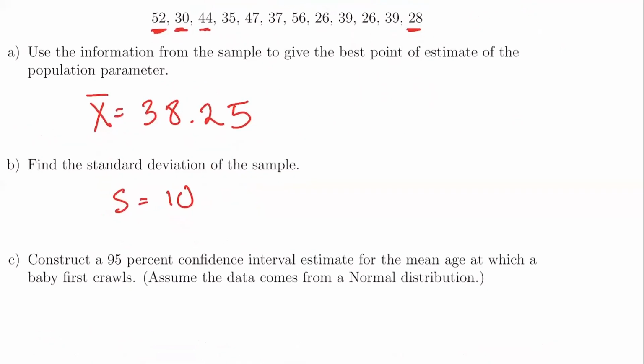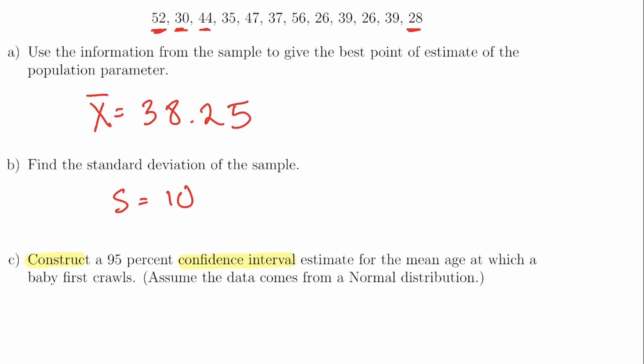If you look at C, C says construct a 95% confidence interval estimate for the mean age at which babies first crawl. The first key thing they're telling you is to construct a confidence interval. That's how I know we're in chapter 9.